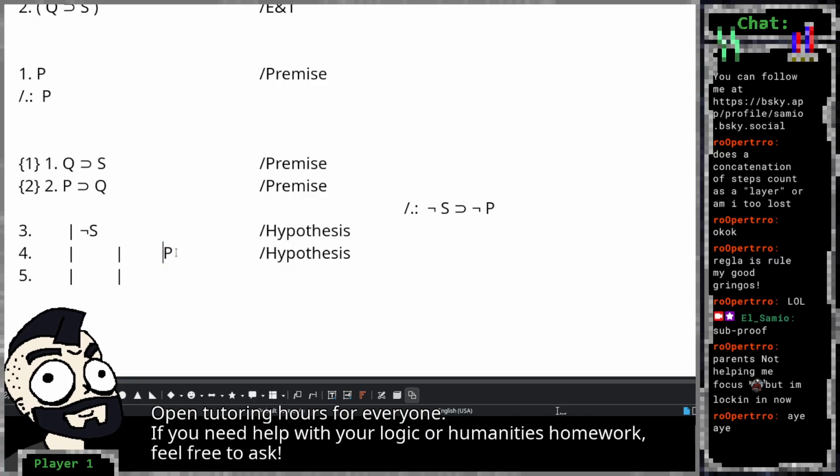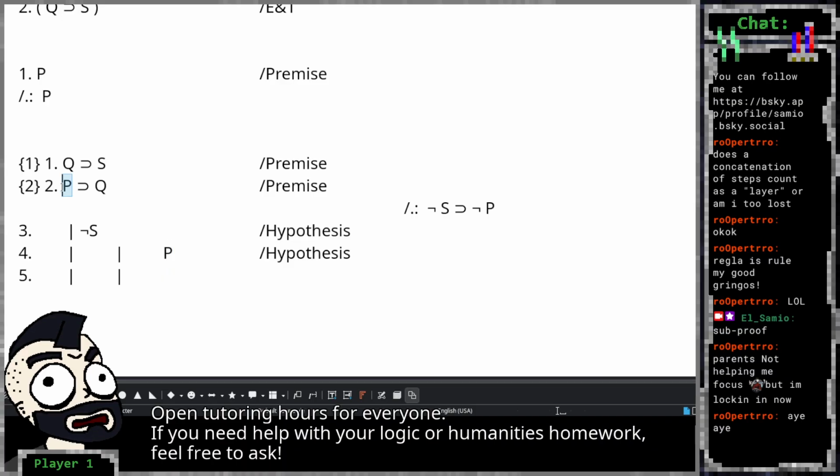With P, in this subproof, I have the antecedent of 2. So I can extract Q by elimination of the conditional of 2 by the antecedent that is on 4.